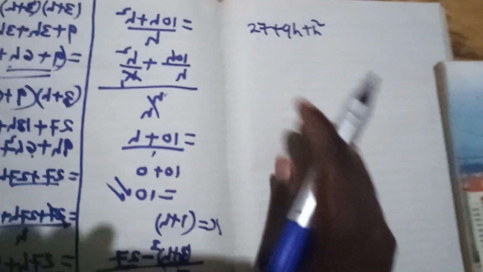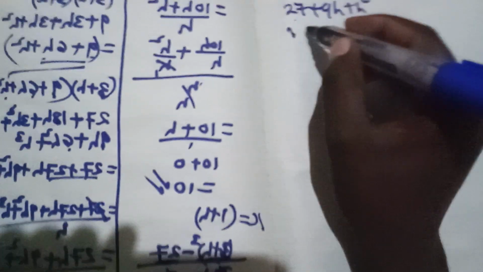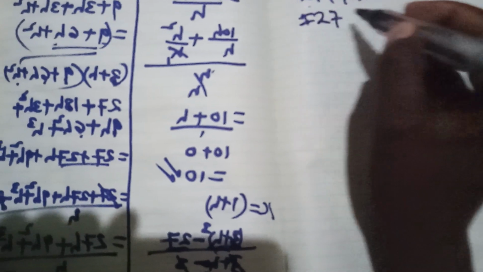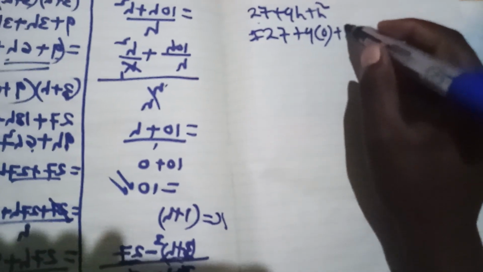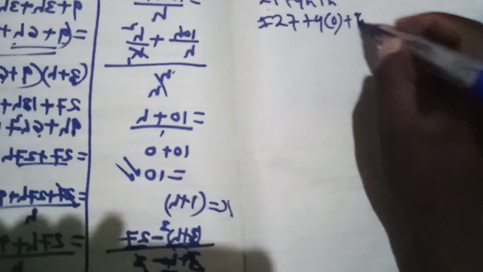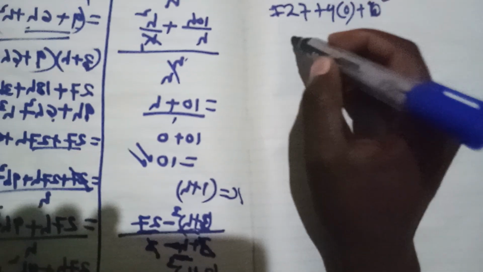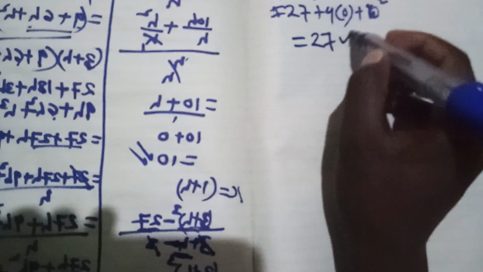So we replace the value of h by 0. Then in doing that, we have to replace the value of h by 0. Now we will have 27 plus 9 into 0 plus h squared, which is 0 squared. So we'll still have 27 as our answer.